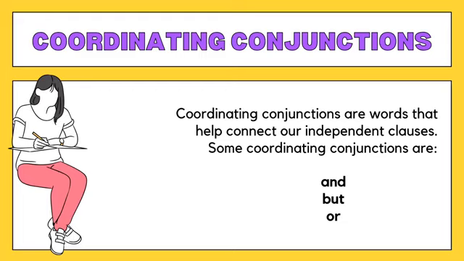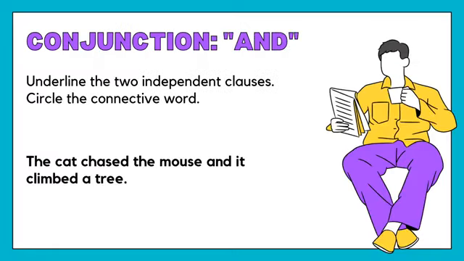Examples are and, but, and or. Those are the three examples of coordinating conjunctions that we have.